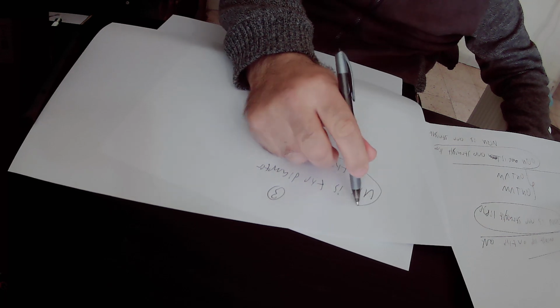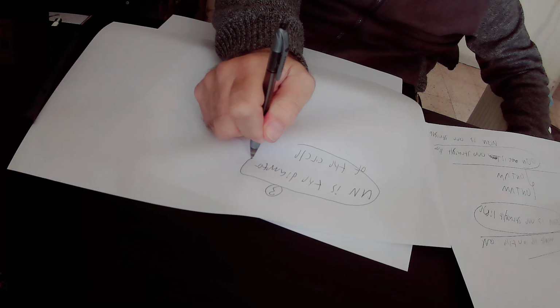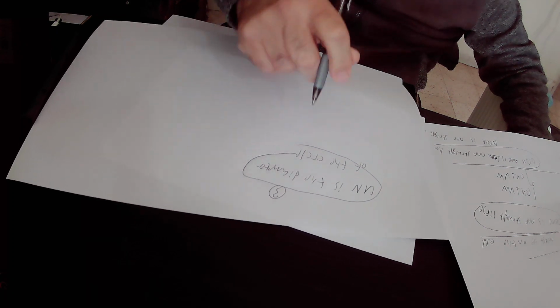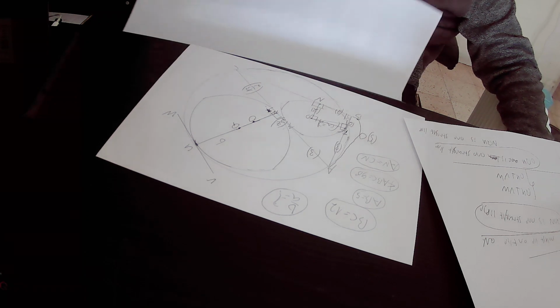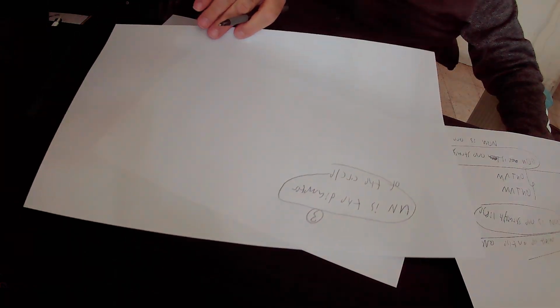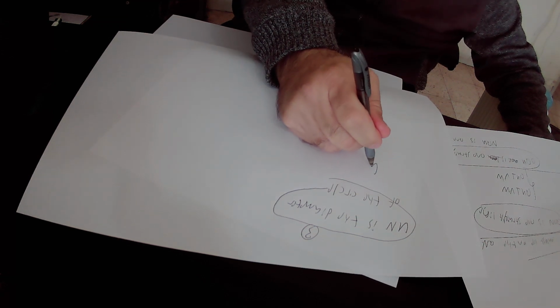We also know that the diameter of a circle is twice as long as the radius, and the radius of this circle is b, therefore the diameter UN must be equal to 2b.